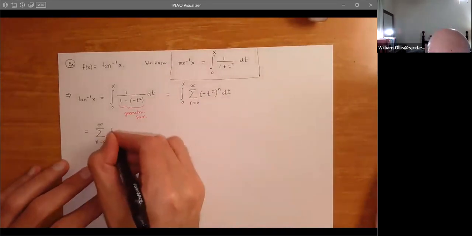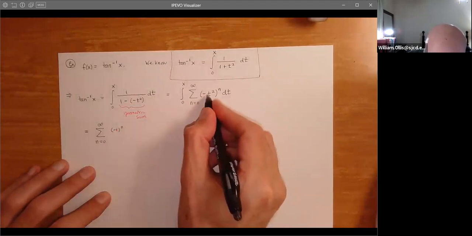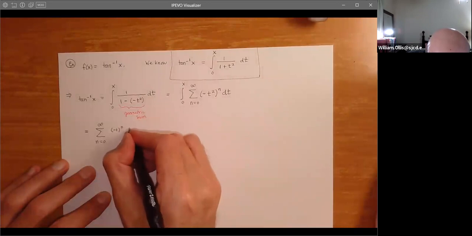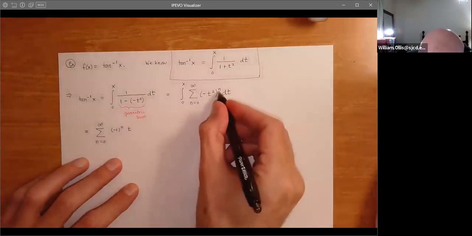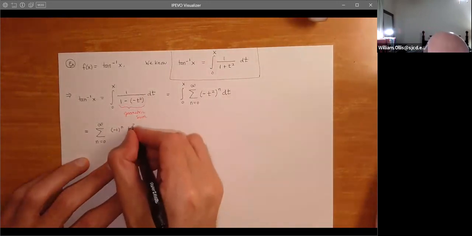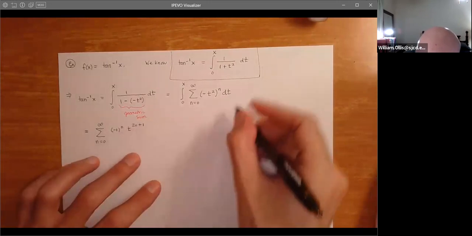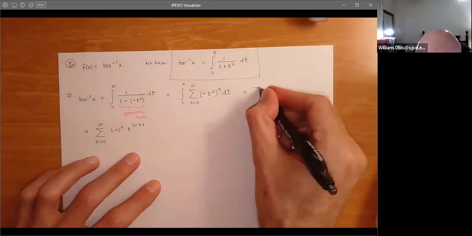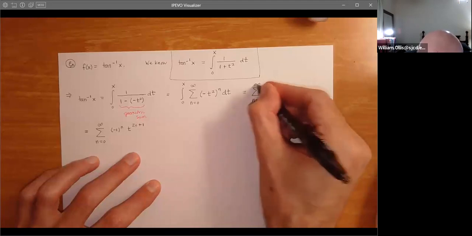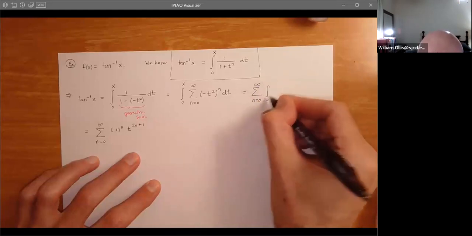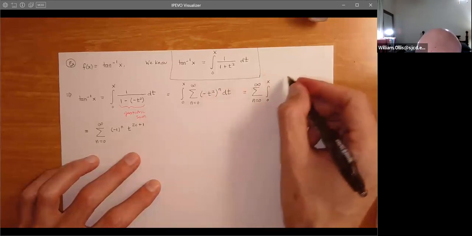So we're going to say negative 1 to the n. Just go ahead and pull off the negative 1 here. And then we're going to have what? t to the 2n, add 1. So we have 2n plus 1. So like I just said, if you want to add another step, you can. It's just easy just to go ahead and add 1 and divide by the new power.